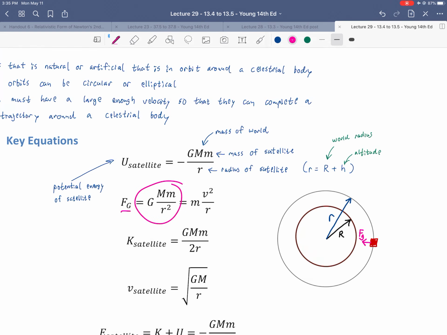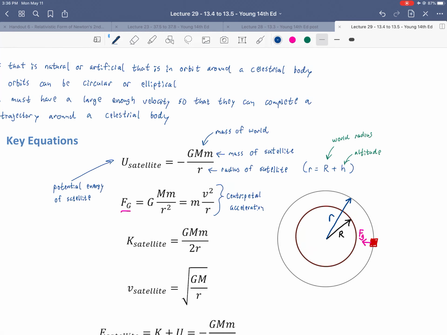Okay, this is the force equation that we introduced 2 lectures back. All right, now that single external force, because that's your F net, just one force, is equal to ma. And of course, a is centripetal acceleration here.